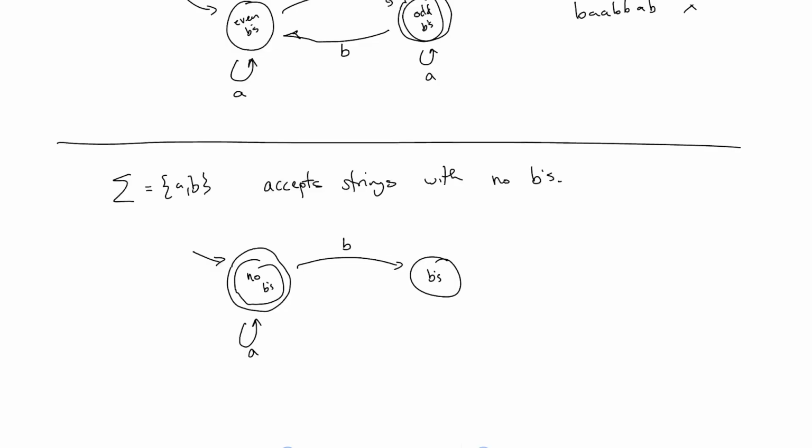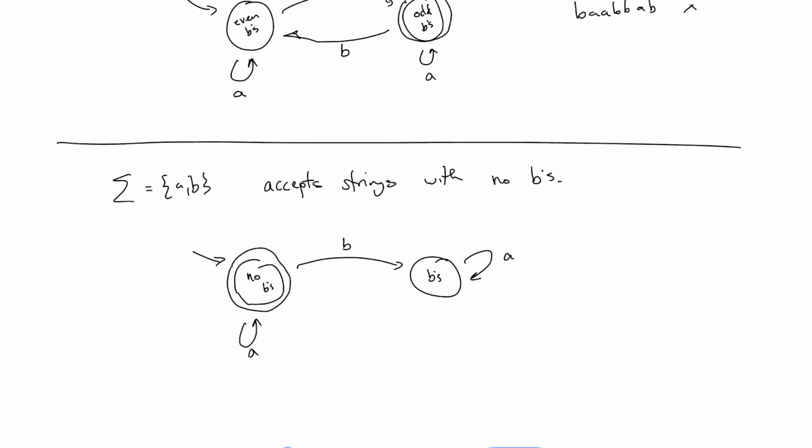And then on the B's side, where do the arrows go? The A arrow, should it go back across or stay over here? I think stay over here. If you've already seen some B's and then you see another A, it doesn't change the fact that I've already seen some B's. Then from here also, B's: if I'm in the B's state and I see a B, I think we should also stay over here.